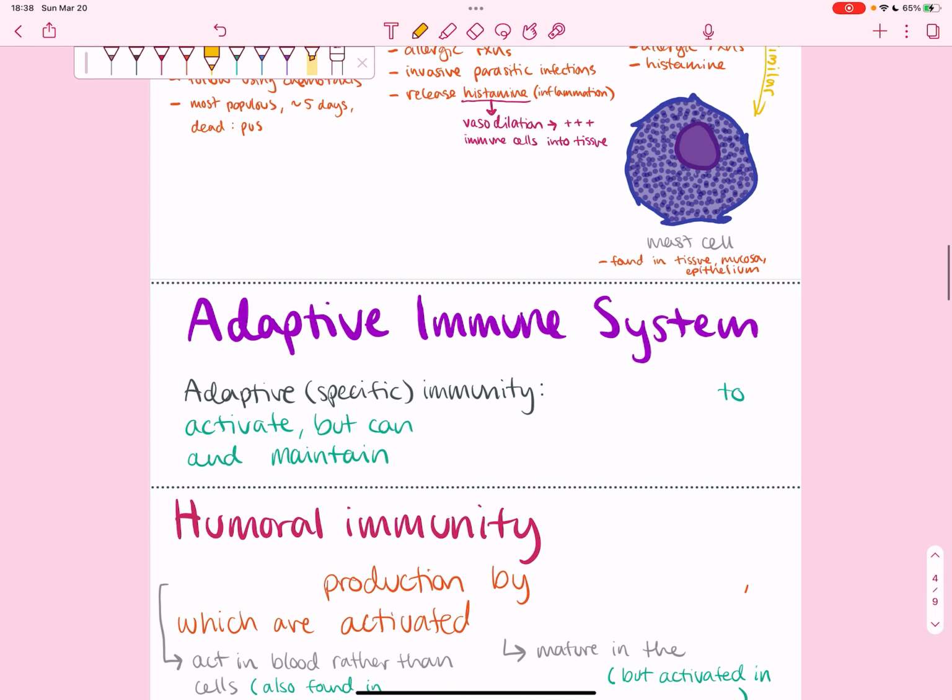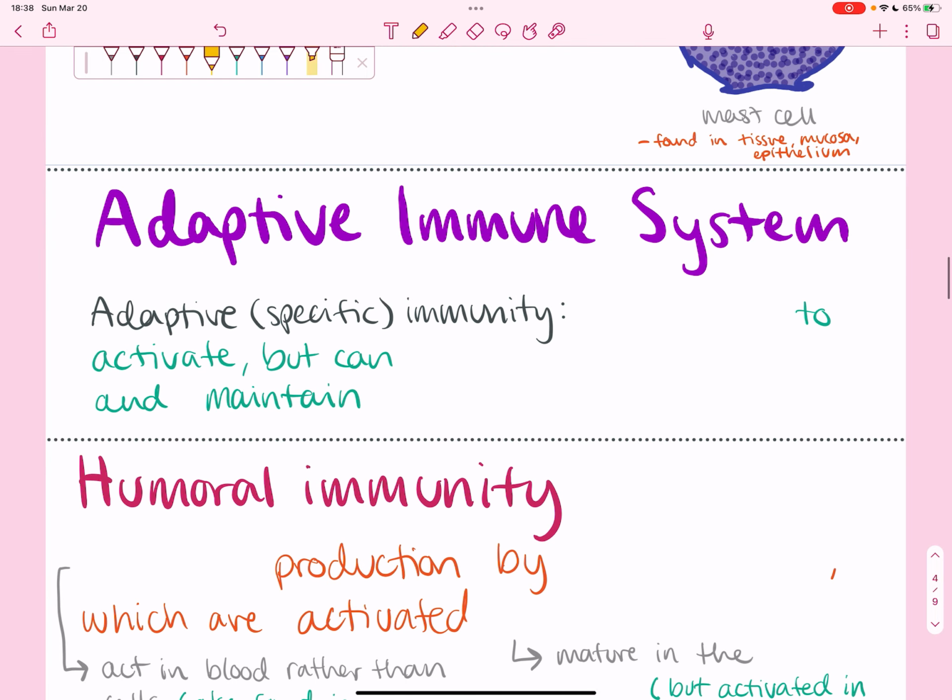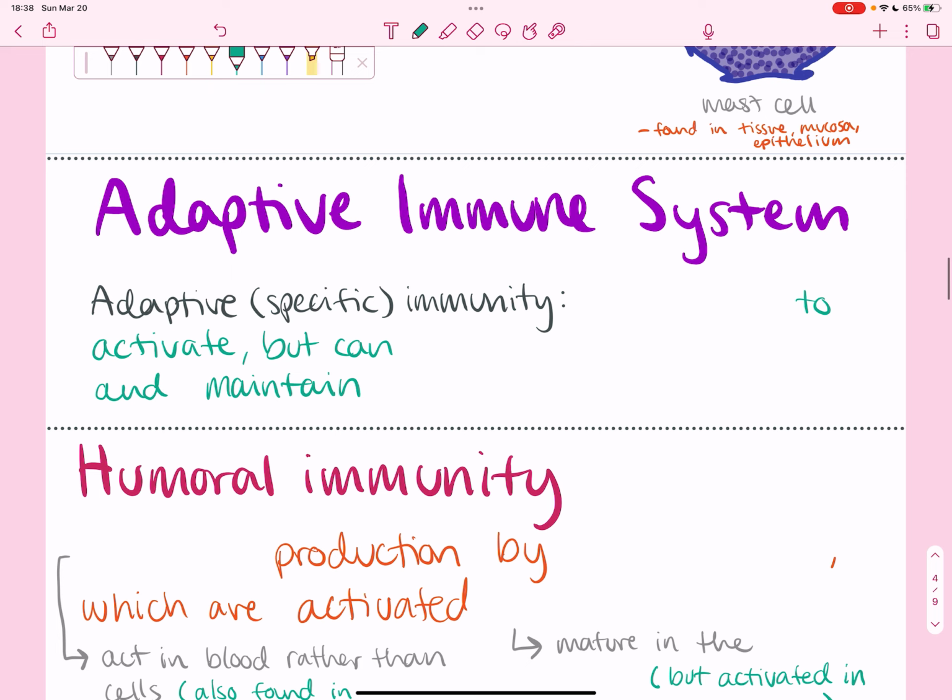Alright, moving on to the adaptive immune system. Okay, so adaptive, aka specific immunity. It takes time to activate, instead of the innate immune system, which is always active.